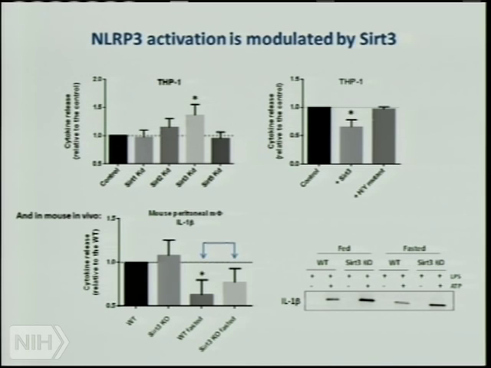But in the fasted state there was a much more robust reduction in IL-1 beta release in the wild type mouse compared to the SIRT3 knockout mouse. And in fact, this was replicated at the level of IL-1 beta, the cleaved protein, showing it was higher in the knockout and less so in the wild type.